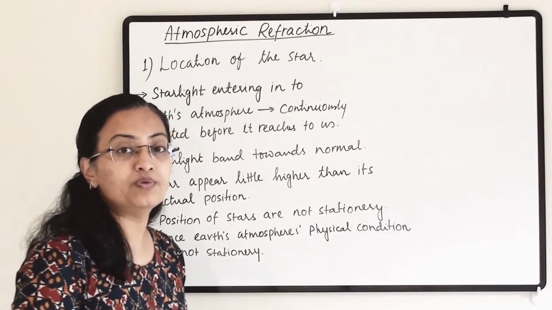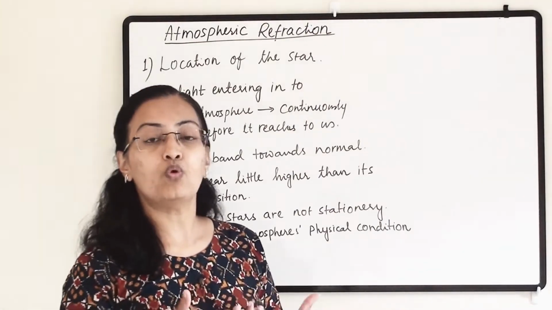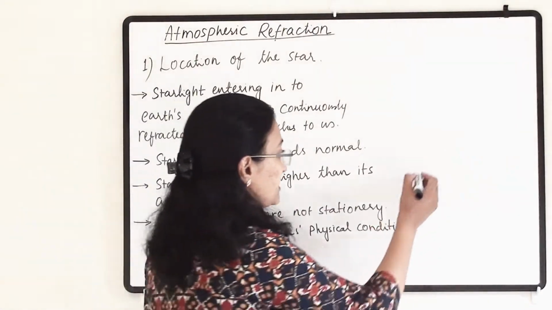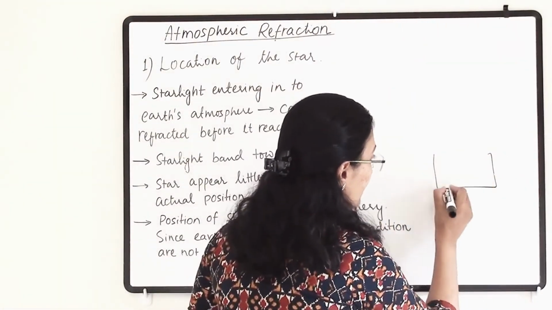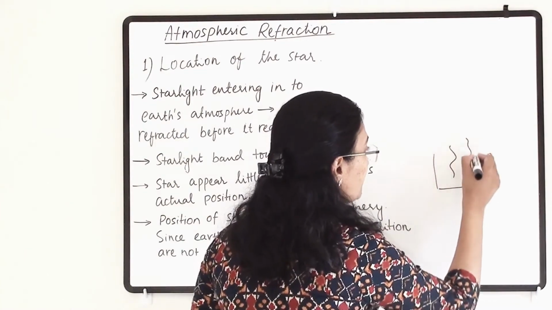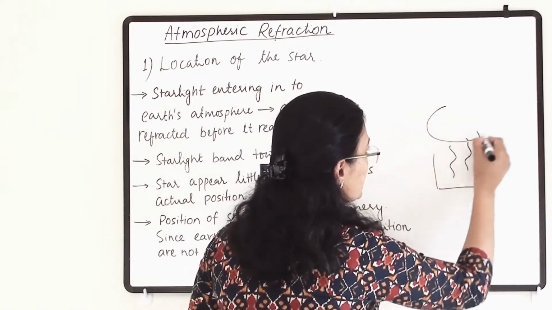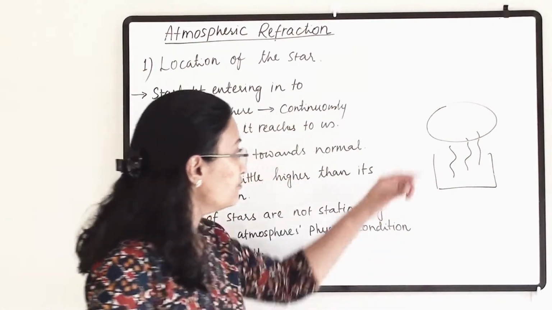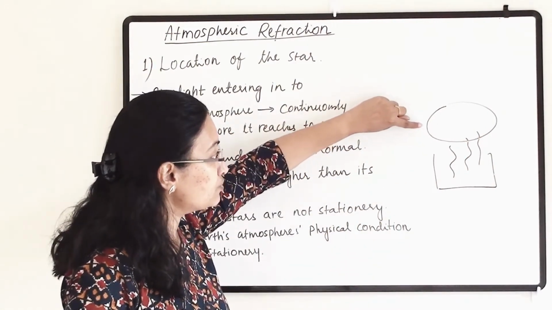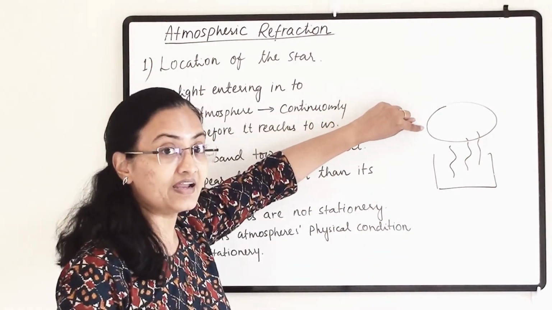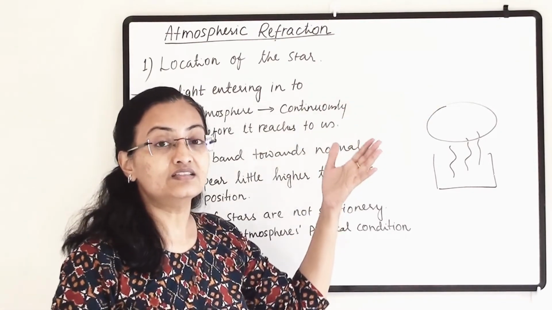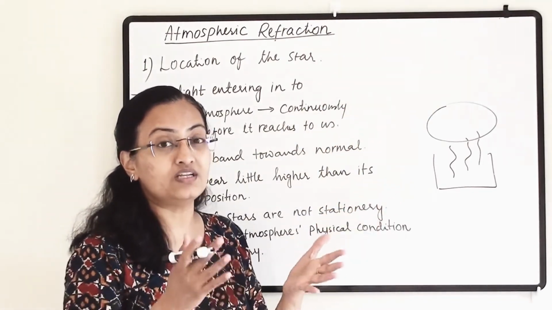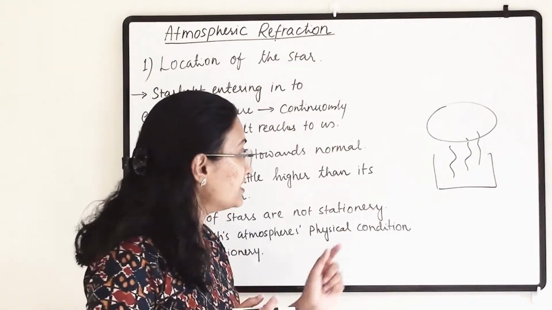One simple phenomenon to understand: when water is boiling, for example this is a vessel and water is boiling, whatever vapor is going up, if you look at this region, we will not be able to see this region clearly, and we will see that this region is flickering or wavering. Now why is that happening?